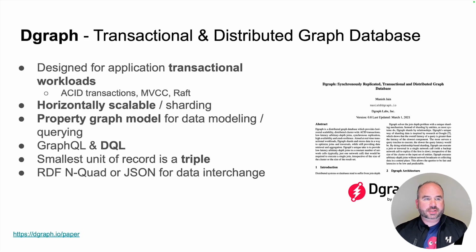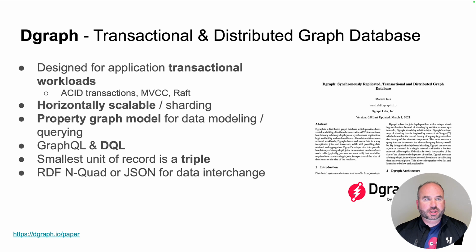Dgraph was first open sourced and released in 2017 and initially was really optimizing for large scale graph data. So the D is for distributed and scale in terms of volume.